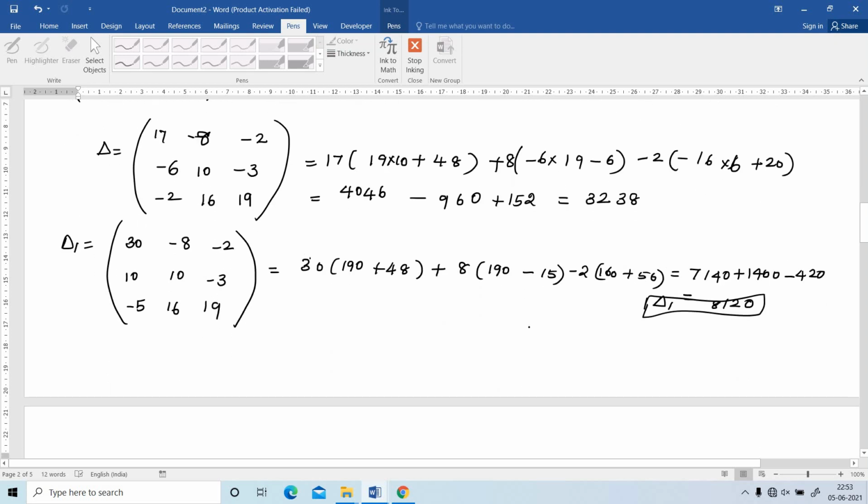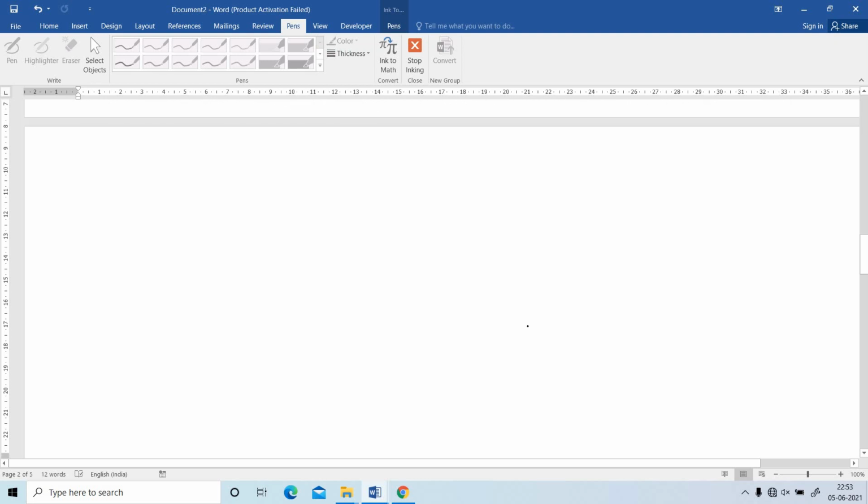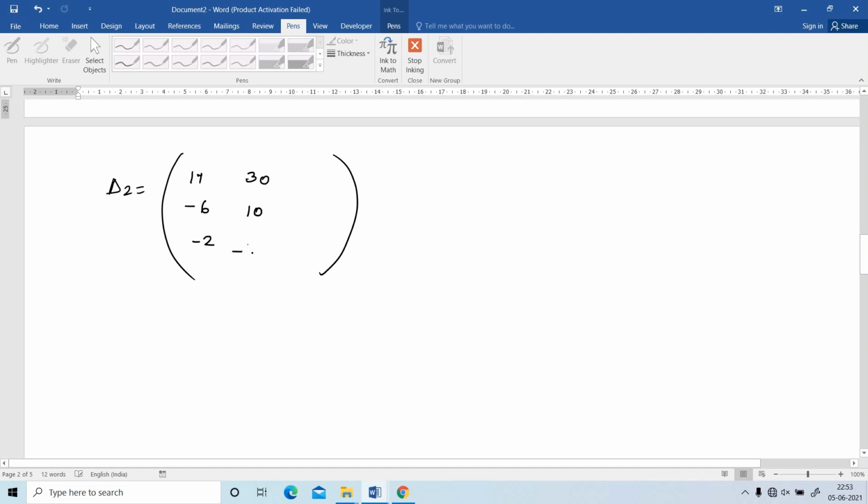And next find out delta 2. How to find out delta 2? Remaining elements, there is no change. The central element only changed: 17, minus 6, minus 2, then 30, 10, minus 5, minus 2, minus 3 and 19.